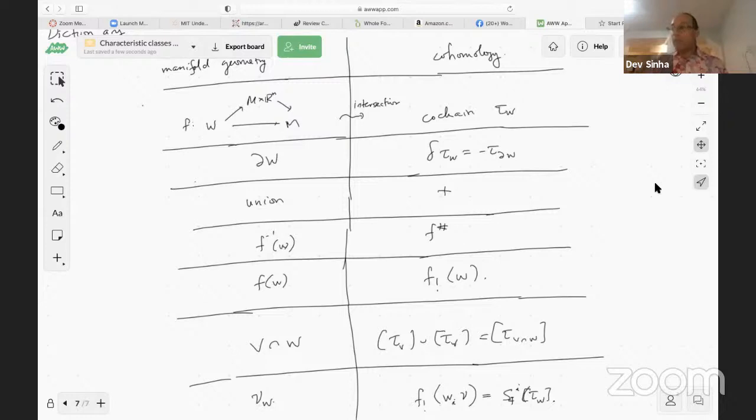But yeah, I'm going to stop there. I'm going to have another lecture on, now that we have the Thom isomorphism, revisiting cobordism as an application of characteristic classes.